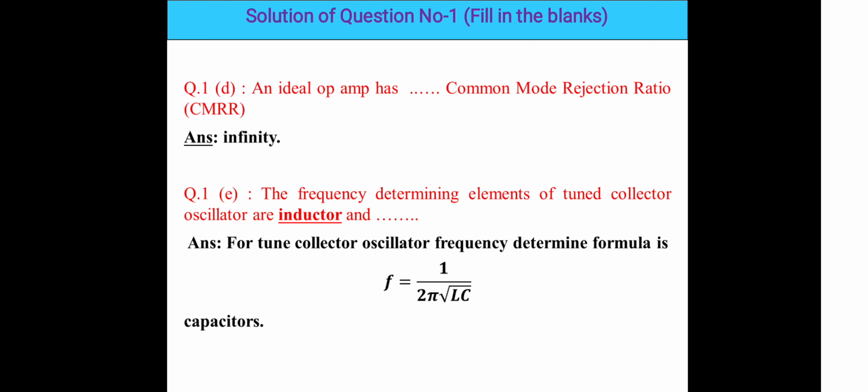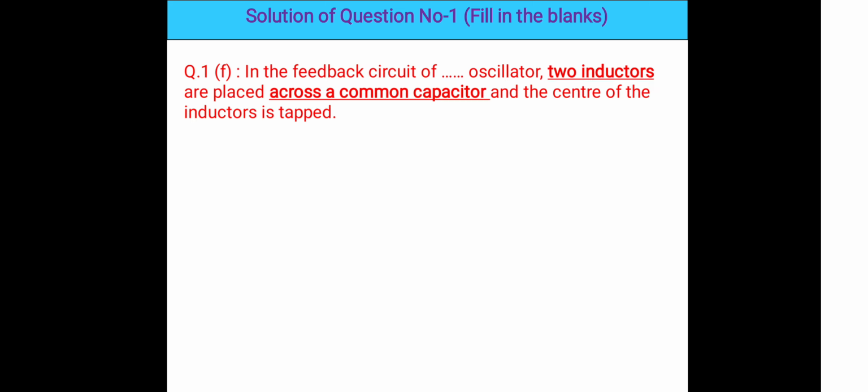Next: in the feedback circuit of dash oscillator, two inductors are placed across a common capacitor and the center of the inductor is tapped.